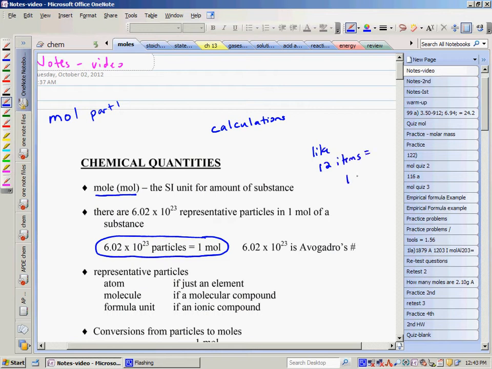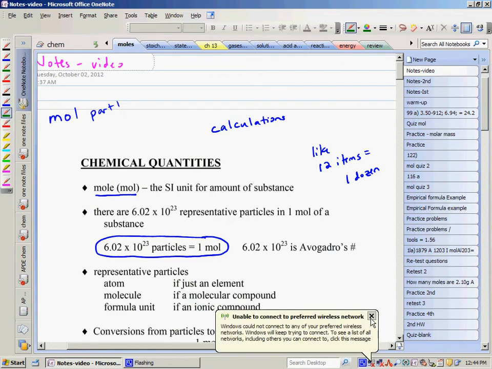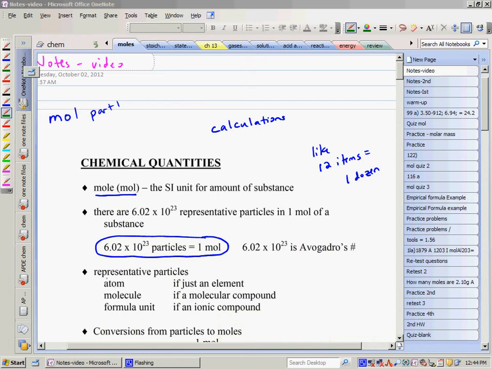So, particles. These are different types of particles that we can have. Atoms, molecules, or formula units. And what you have depends on what your formula is. Okay? If it's just an element, like aluminum or iron, you would have atoms.